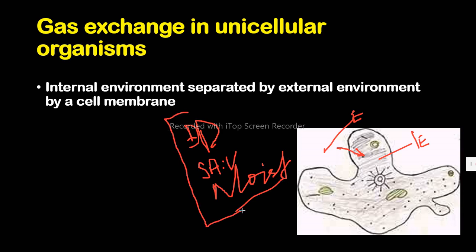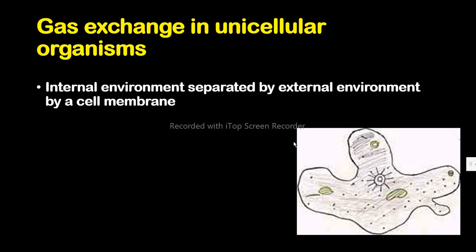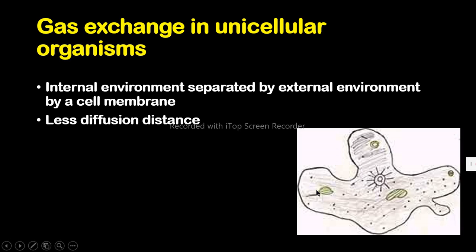It implies that this one does not require those complex gas exchange apparatus. Simple diffusion alone is going to be enough to take in and out the respiratory gases. So they have a lesser diffusion distance compared to other multicellular organisms.